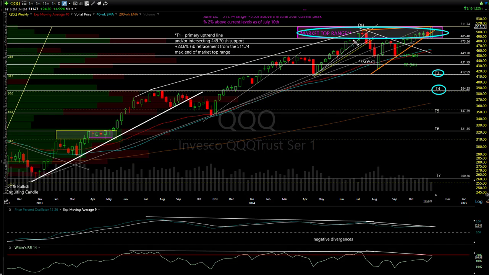when there is no overhead resistance. Remember, when I draw support and resistance levels, it's easy to draw resistance levels when you have overhead reactions, candlesticks. But when you're at new or all-time highs or even multi-year highs, sometimes you don't have any resistance, so that's where you have to use those.